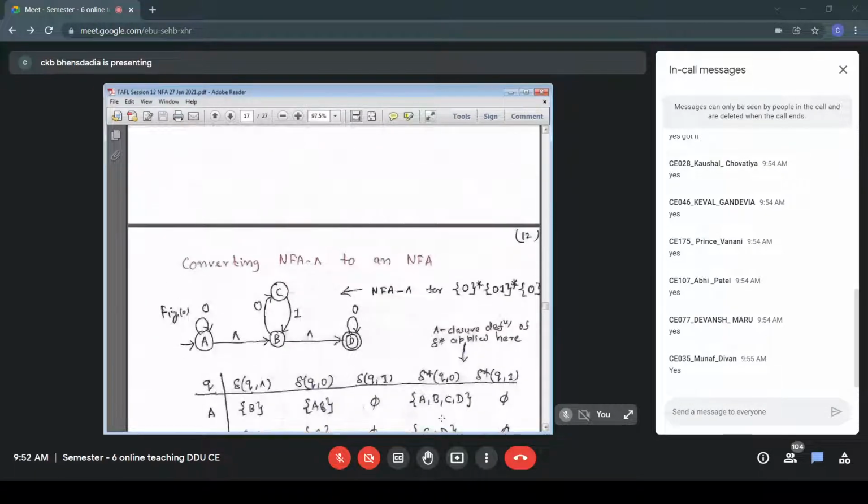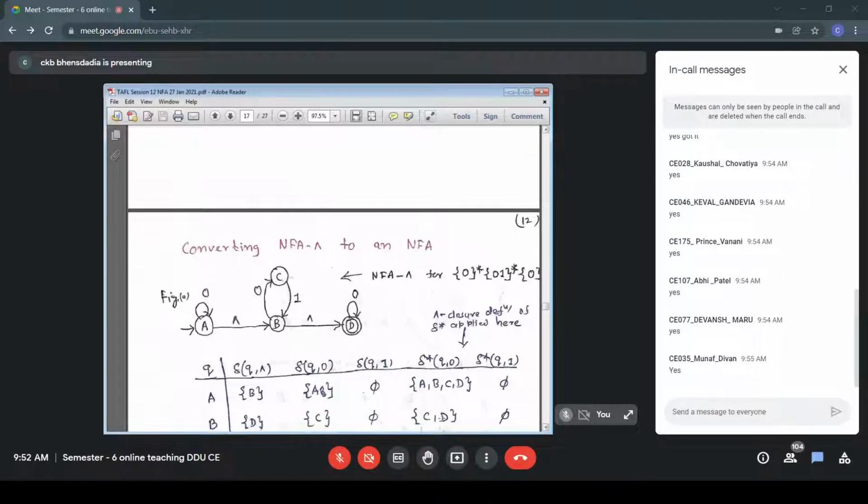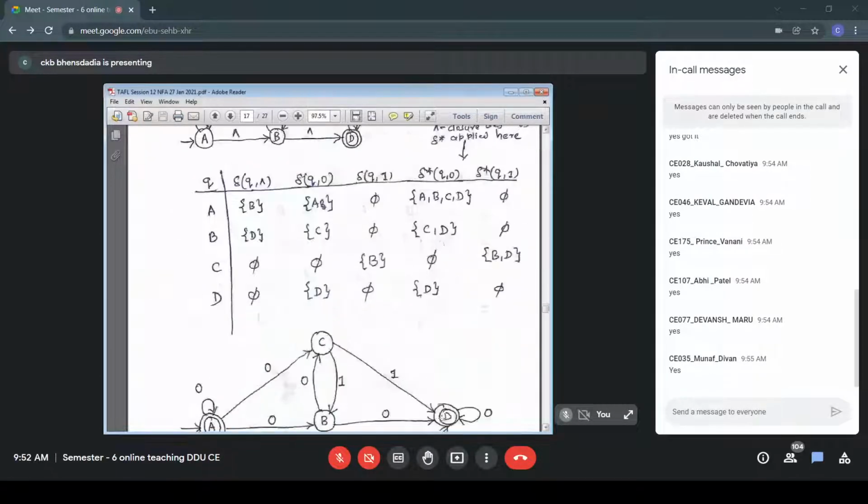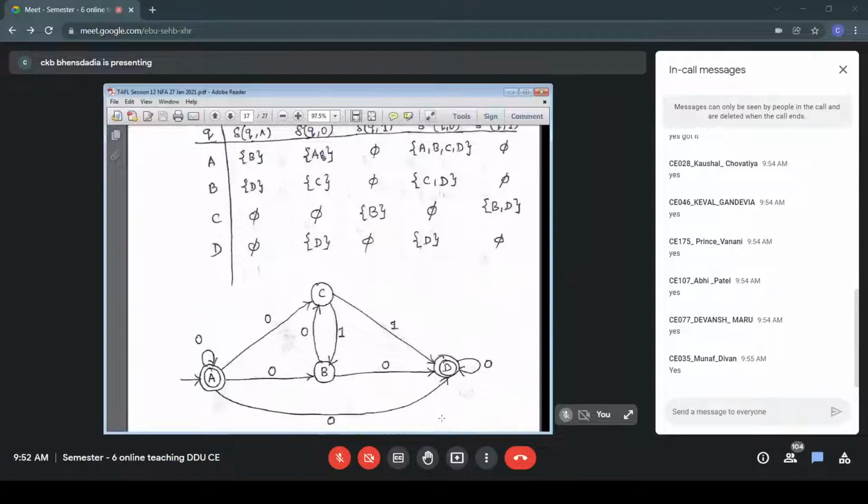In this NFA, the last two columns are important. Even if we remove the first, second, third columns, that still works, because to capture the null transition effect, the last two columns are important, and based on that we have converted it into an NFA.